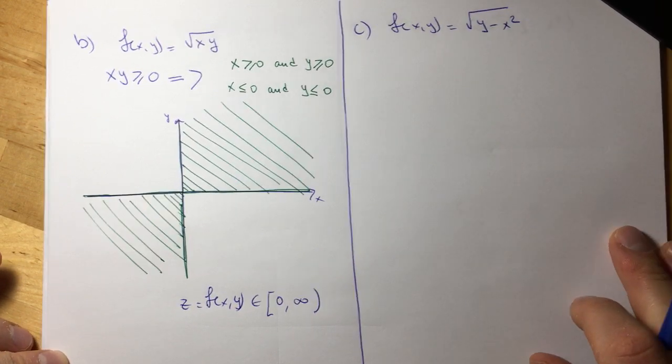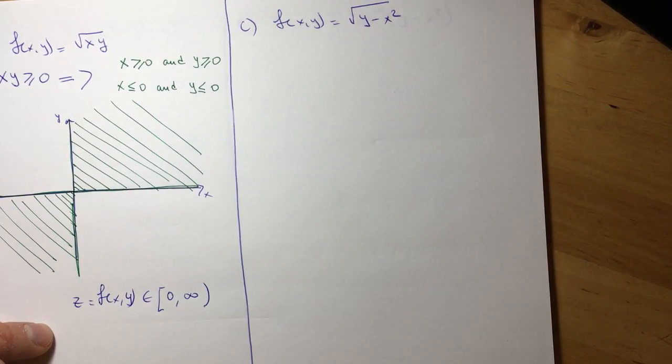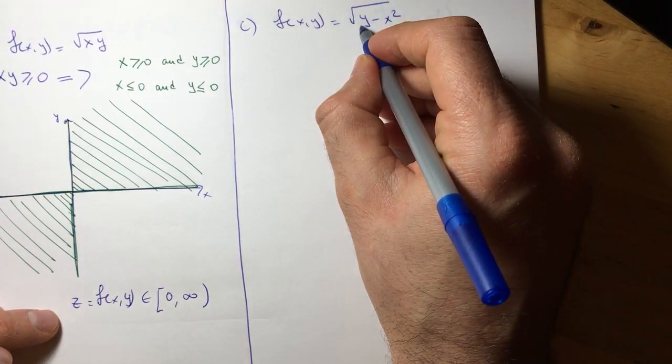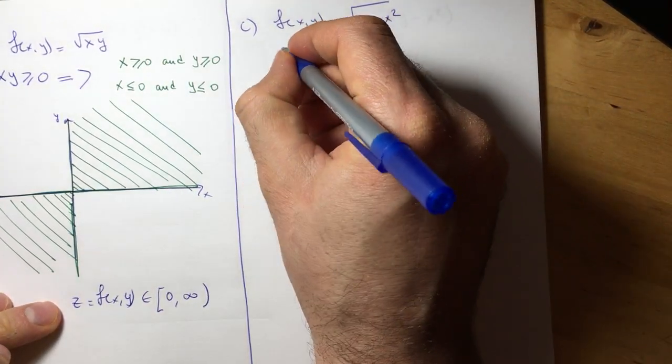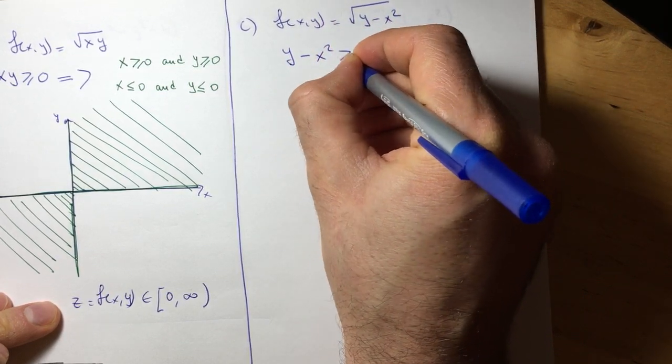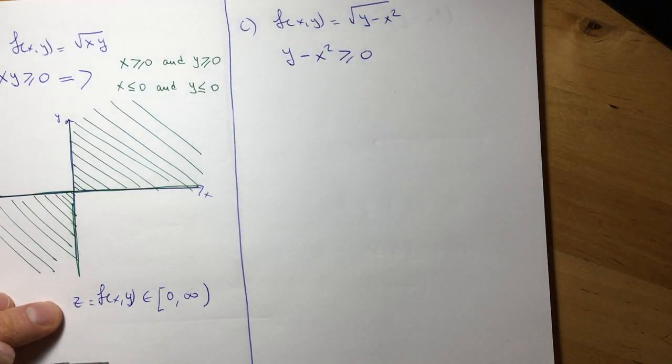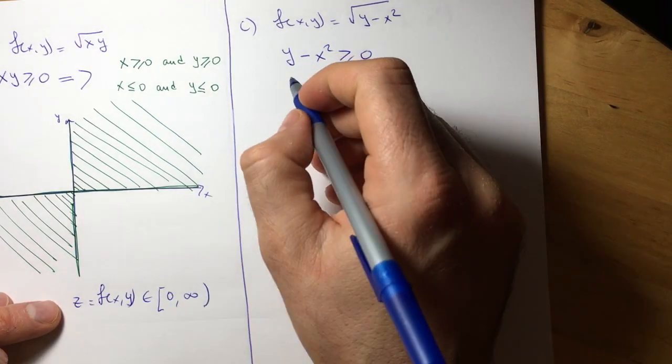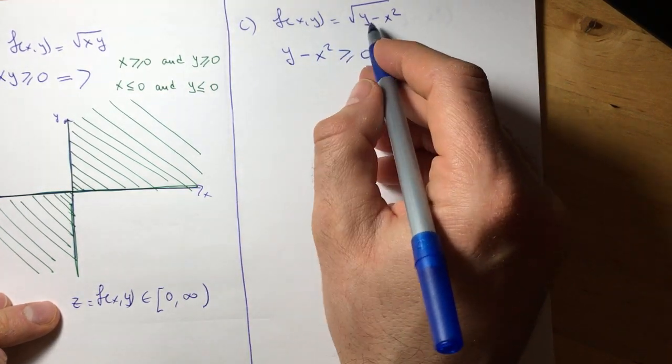In the third example, again, still we deal with the square root function. So here I have square root of y minus x squared. Okay, so here y minus x squared has to be greater or equal to 0. Okay, so let's see how we're going to find the domain of this function.